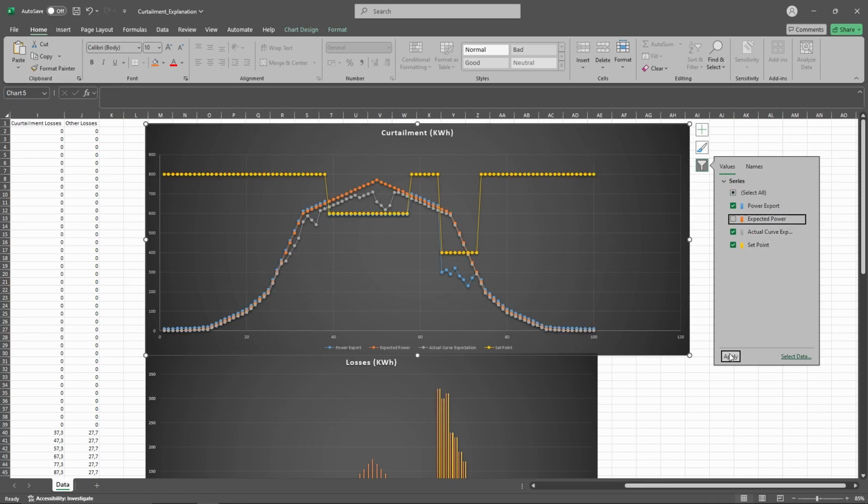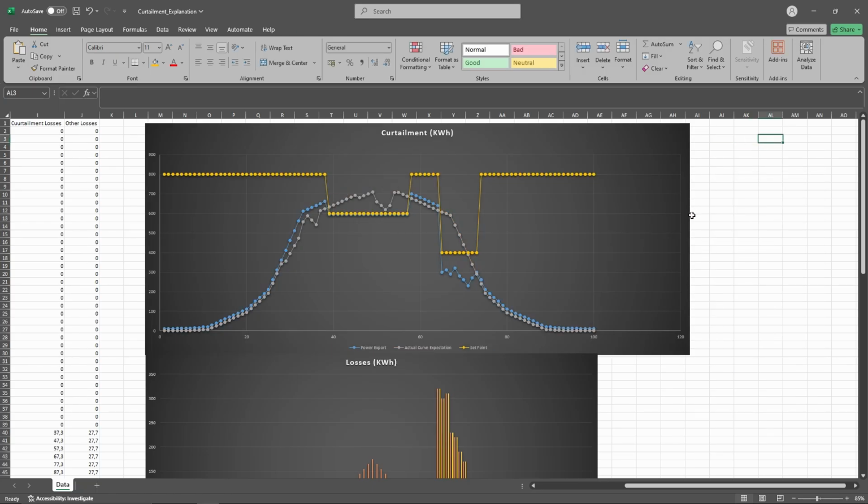So let me remove the expected power and just have the actual curve expectation. And what we can see here is that the set point is mostly above the whole surface area, and this has to do with the fact that the regulatory authorities make that contract.